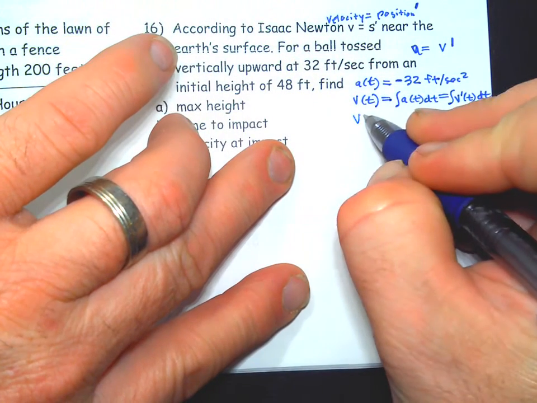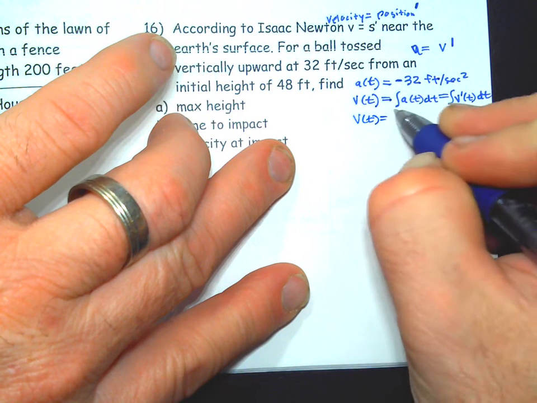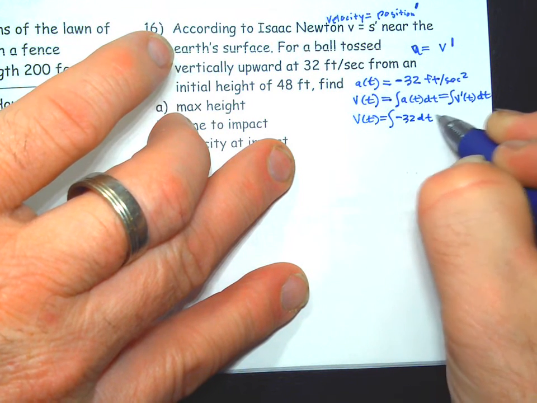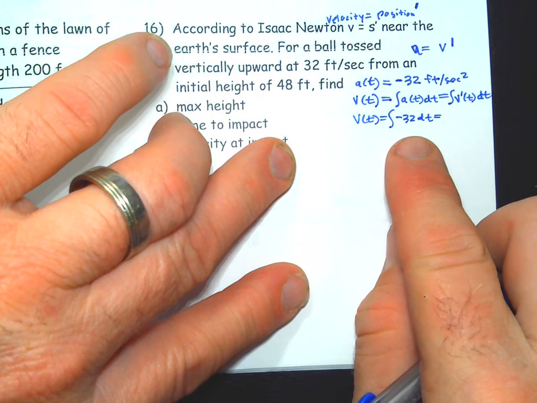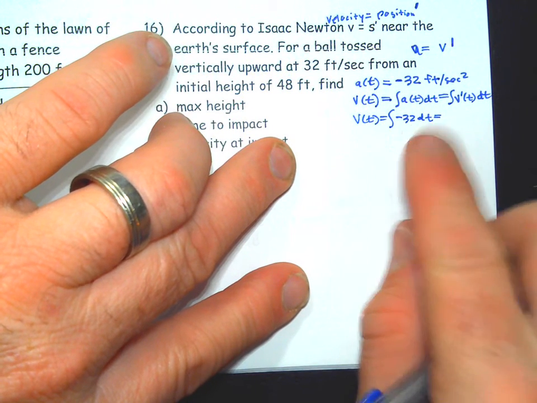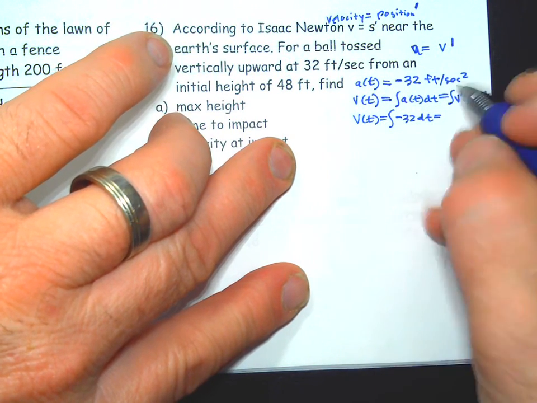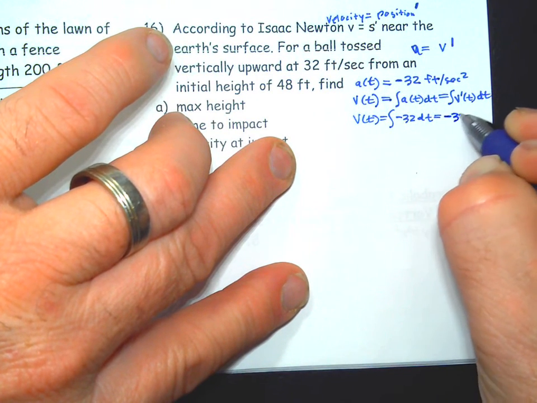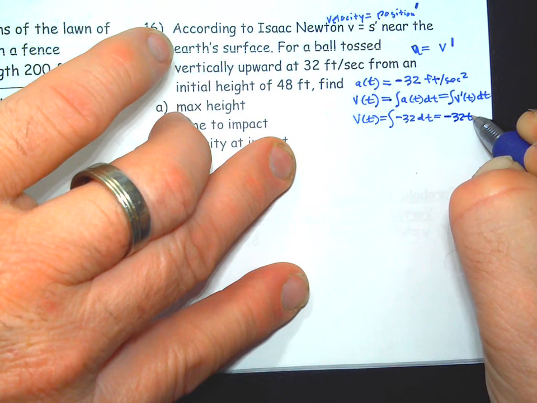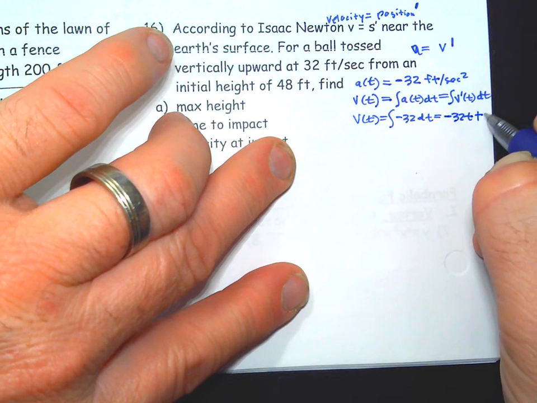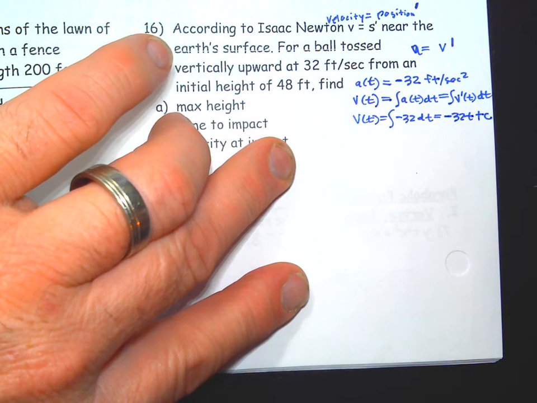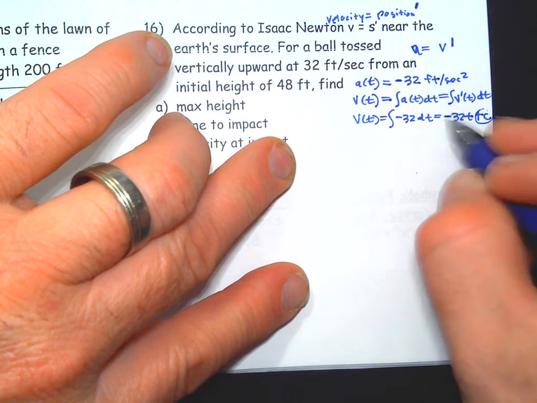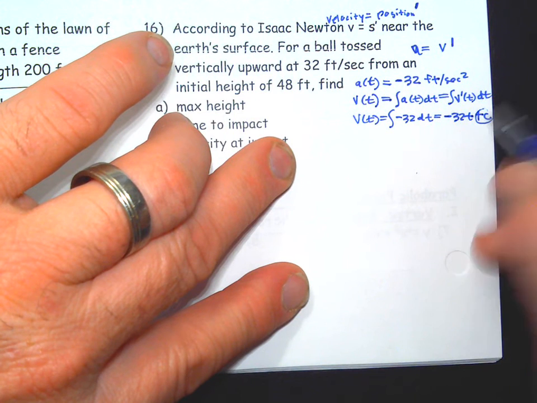Now, that means that if we integrate negative 32 feet per second squared dt, we want to say, well, if we're undoing an integral and it undoes derivatives, what would you take the derivative of that would give you negative 32? You say, well, negative 32t plus some constant c. Now, the way we find this unknown number, because there could always be this extra number here, because if you take the derivative of a number, it's 0, right?